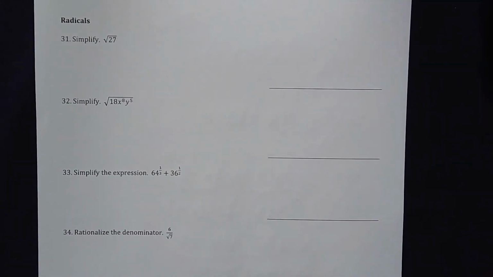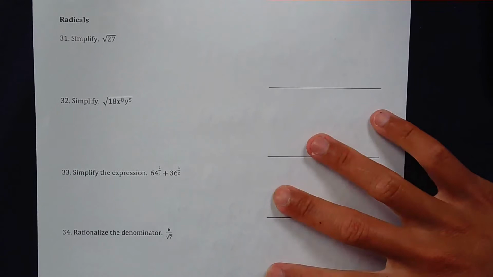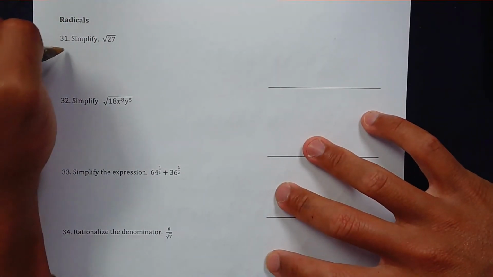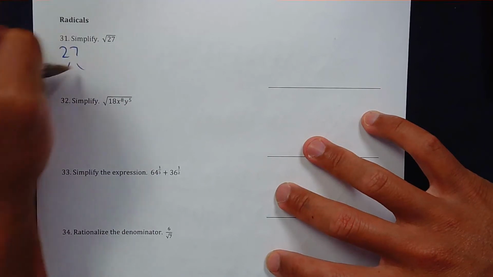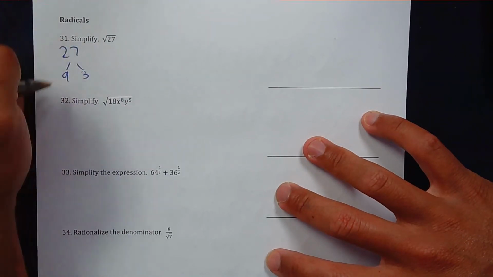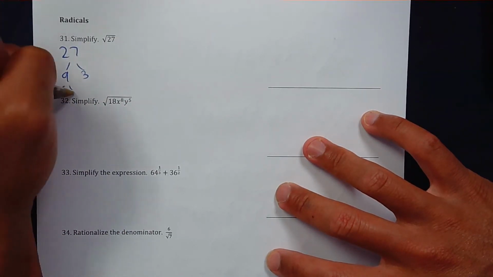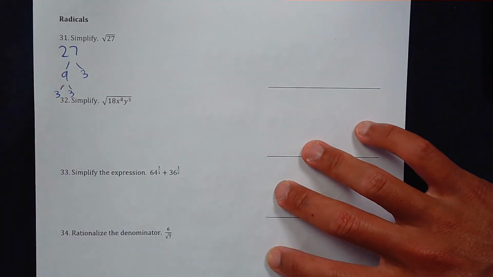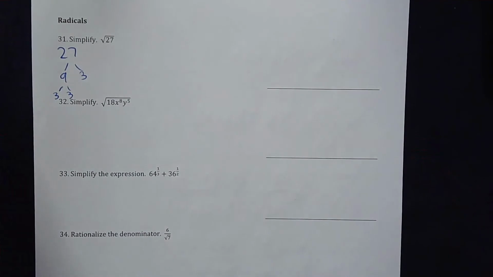All right, square root of 27. Using our factor tree method, we can split this up into 9 and 3. And then 9 we could split up into 3 and 3. So those are the ends of our branches. We can't split them up anymore.